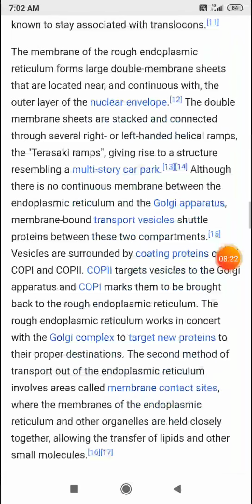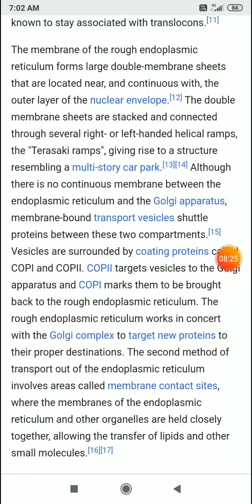The membrane of the rough endoplasmic reticulum forms large double membrane sheets that are located near and continuous with the outer layer of the nuclear envelope. The double membrane sheets are stacked and connected through several right- and left-handed helical ramps. The Terasaki ramps give rise to a structure resembling a multiple-story parking garage.